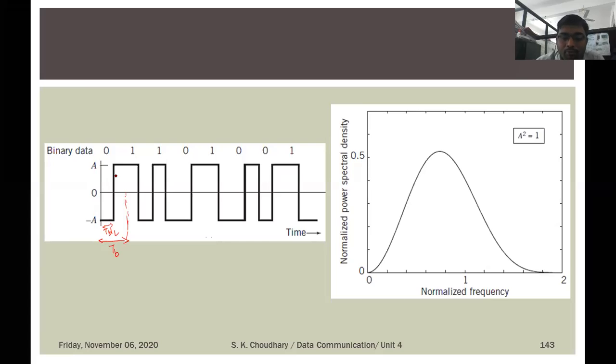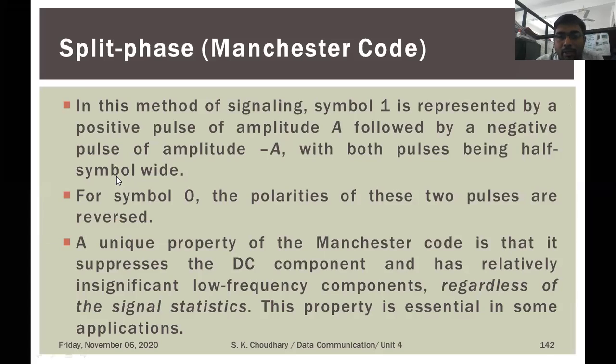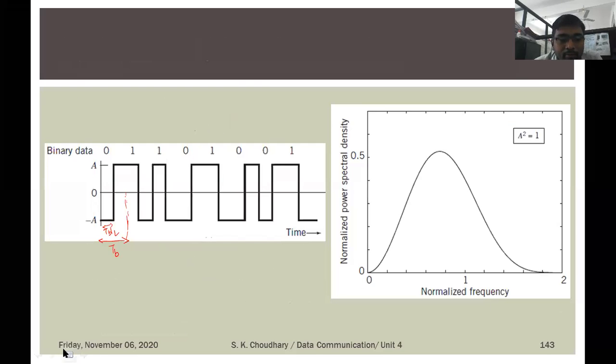For binary 1, for half of the bit period it is plus A, then for the rest of the half of the bit period it is minus A. This is your complete bit period.